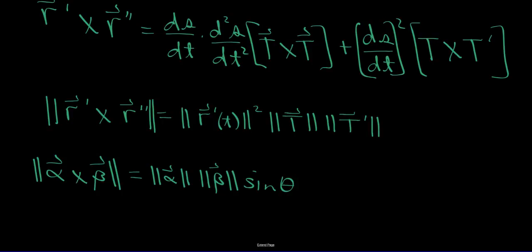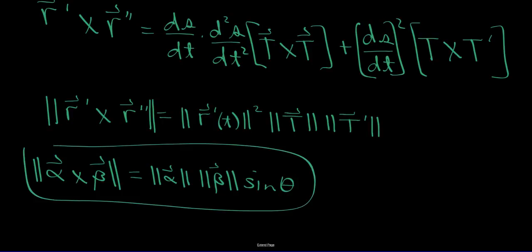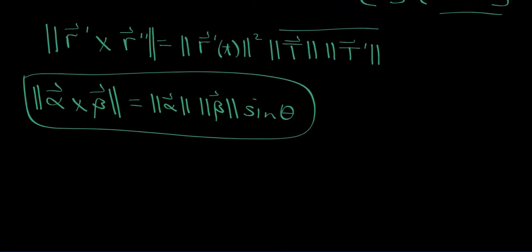Y'all see that? This is why I had the gall to rewrite this as this. Okay, now let's see what we've got here. We've got a beautiful thing here. Now the magnitude of t is 1, right? So this thing simplifies a little bit right away.